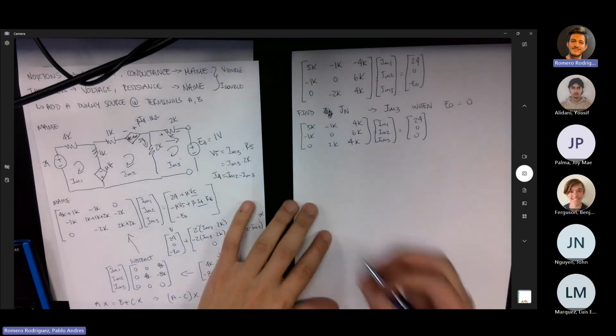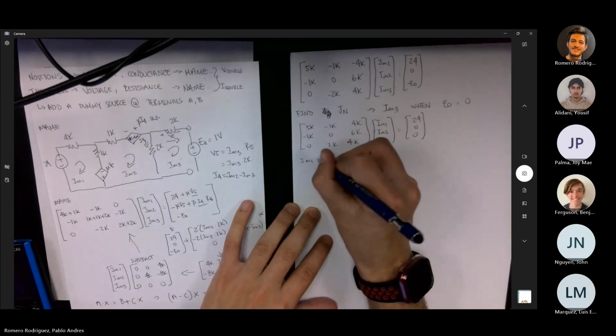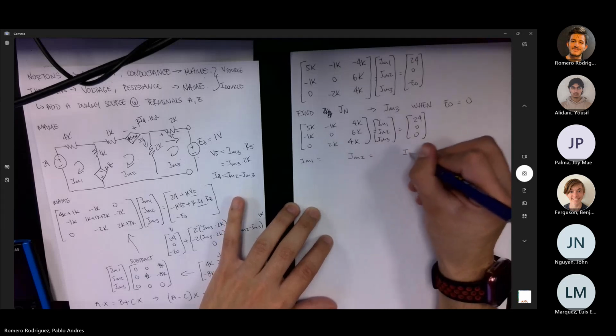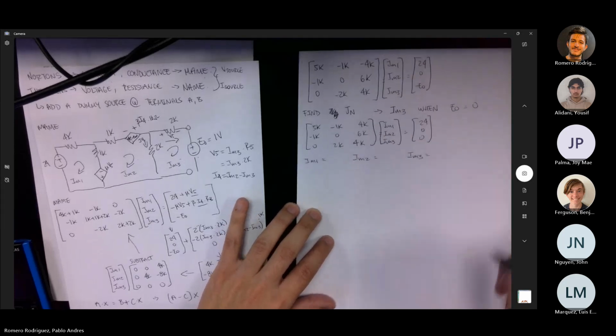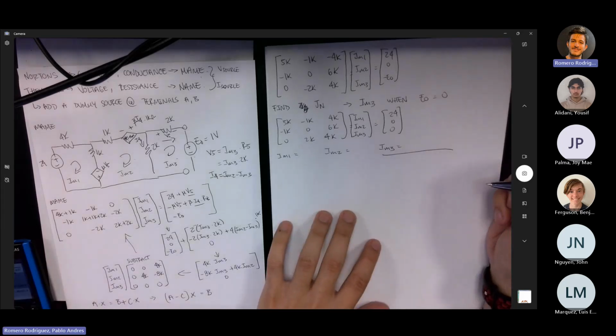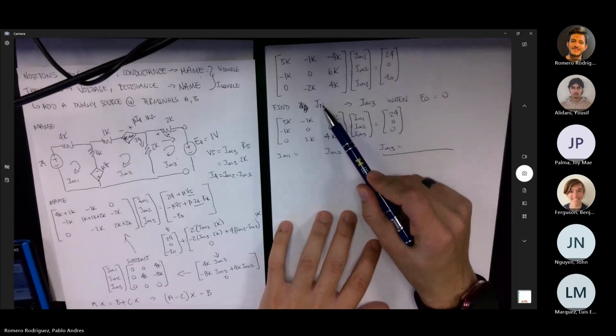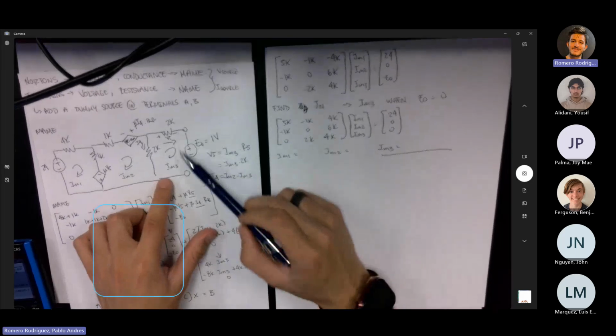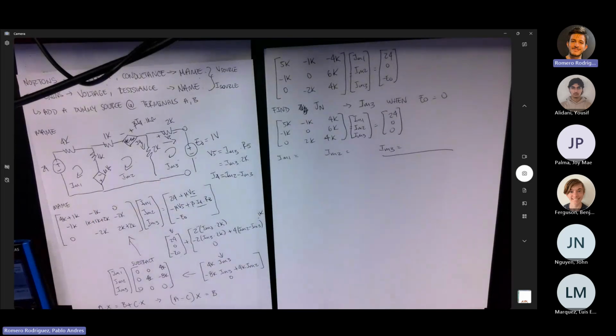This is going to give you some 3 values. And the value of IM3 is going to be your JN, because that's the current that's important for our terminals.